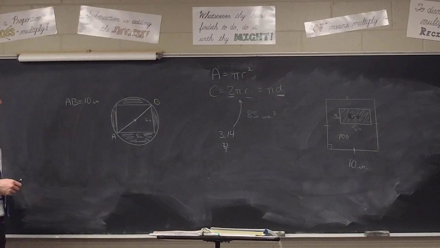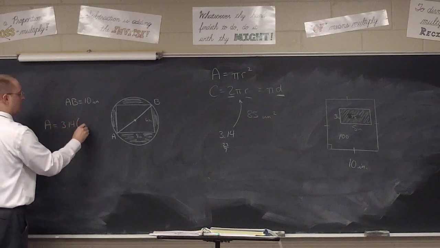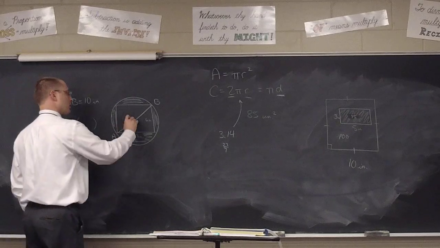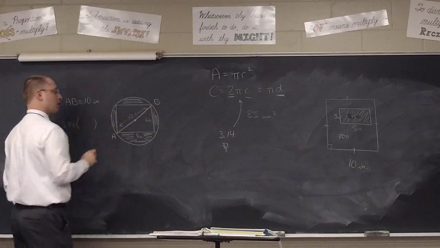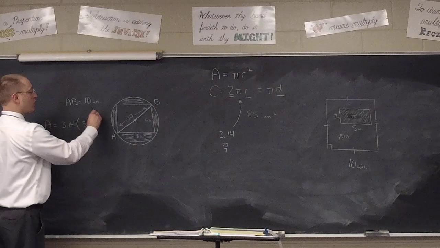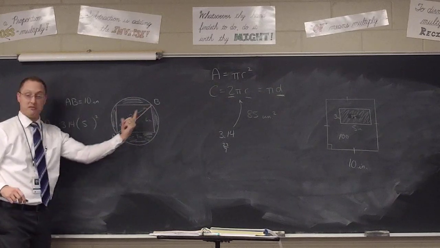Talk to me. What would we have to do to find the area of the shaded portion? Area equals pi r squared. 3.14 times... well, what's the radius? 10. That's the diameter. Oh, 5. Right? 5 squared. Given the diameter, you know the radius is going to be half of it, so each radius is going to be 5.